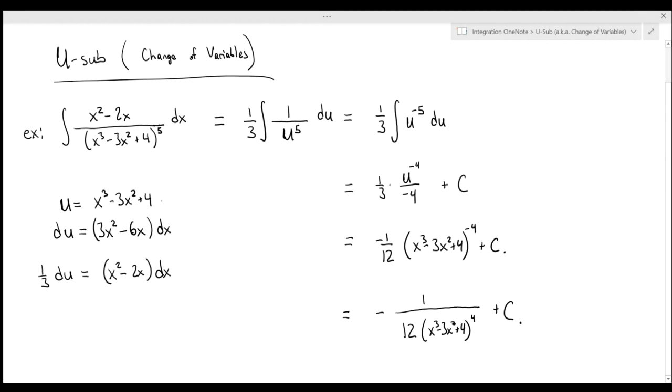Okay, so we choose something to be U. We need to compute du. And typically the way that your U substitution problems will work is, whatever you choose for U, you'll see something resembling its derivative in the integral as well. And so the idea is you'll be able to get rid of that bit using your du equation, okay?